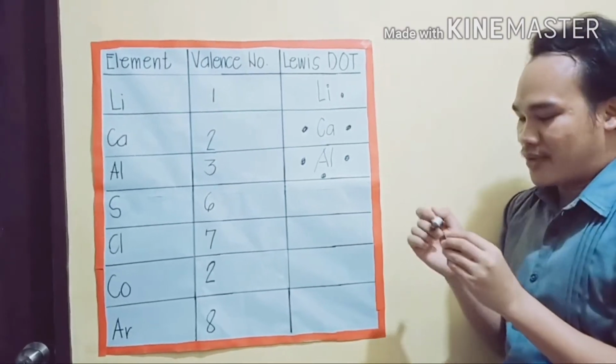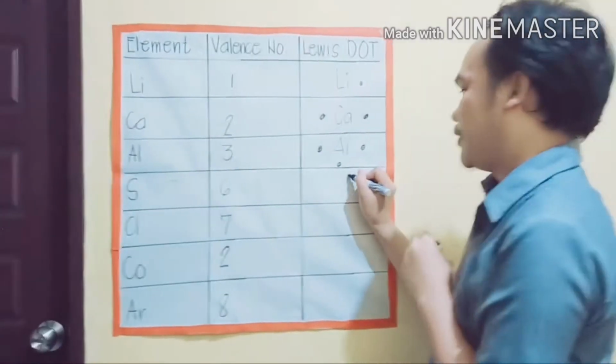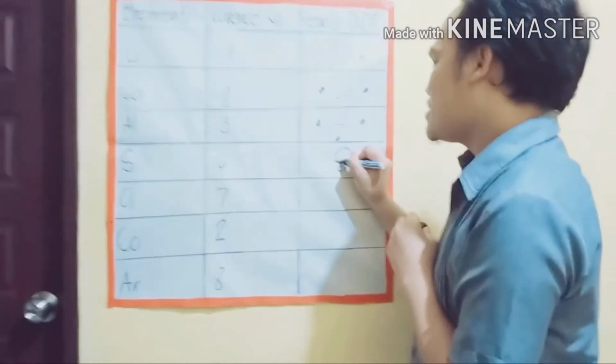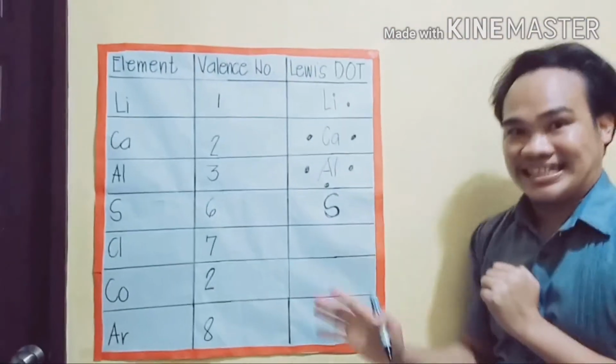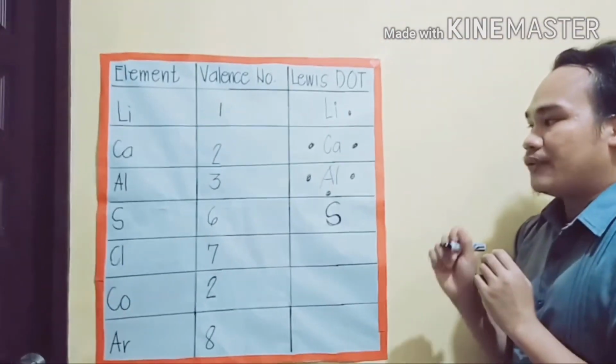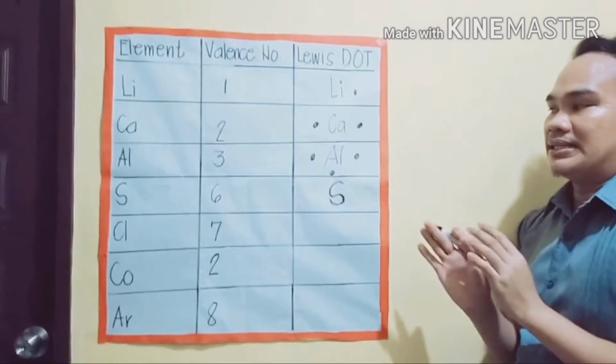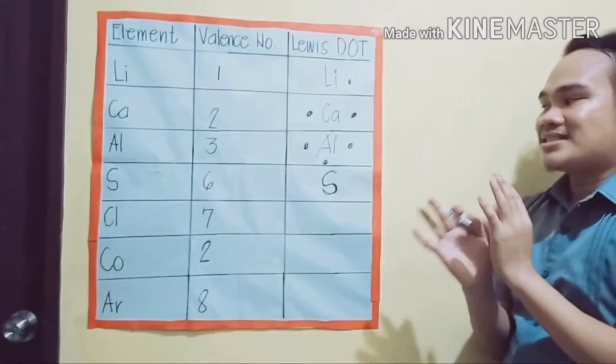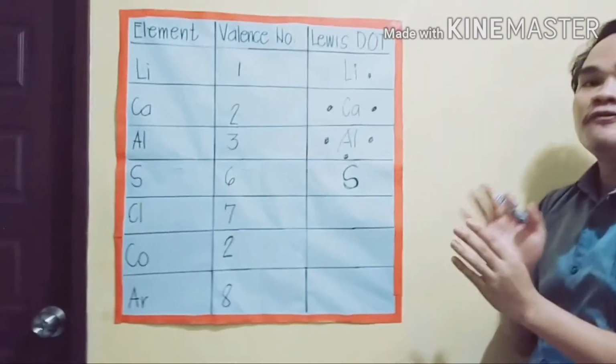Okay, another one, we have sulfur. The valence electron of sulfur is 6. Therefore, we have to distribute the 6 valence electrons around the symbol of sulfur.